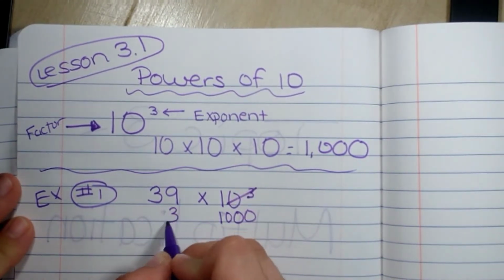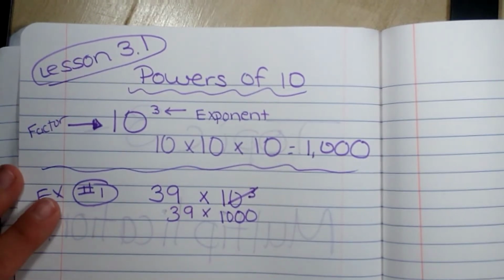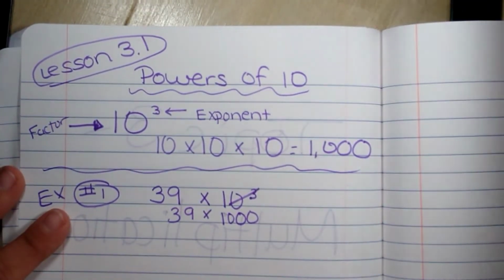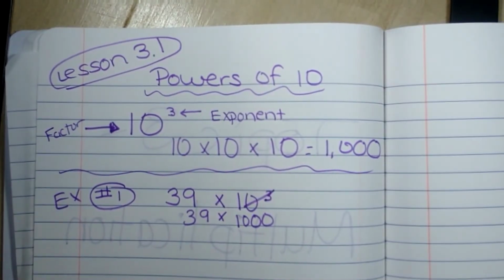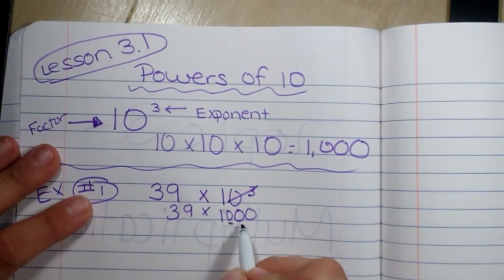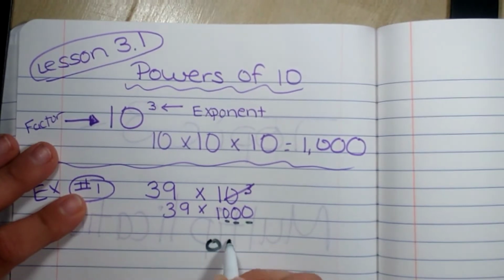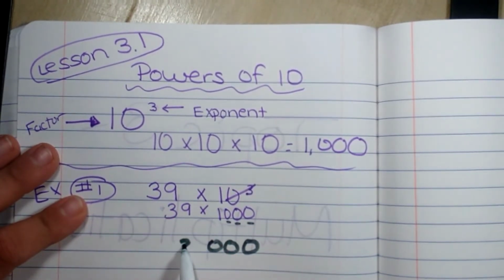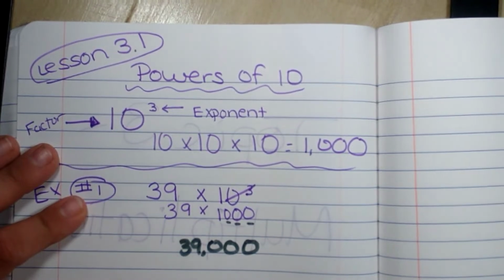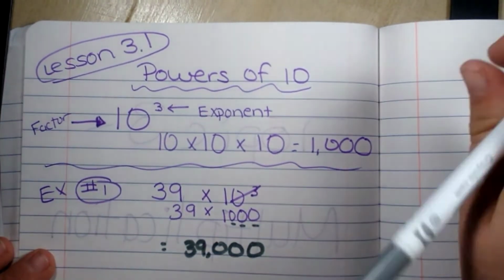So 39 times 1,000 is what we're left with. Here is my secret. The number of zeros here is going to be the number of zeros in your answer. Then I add my number in front of it, 39,000. This only works for powers of 10.